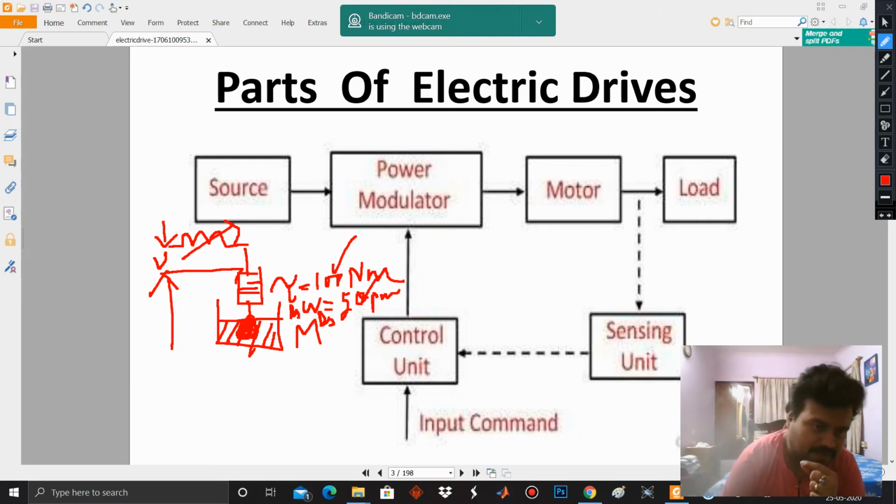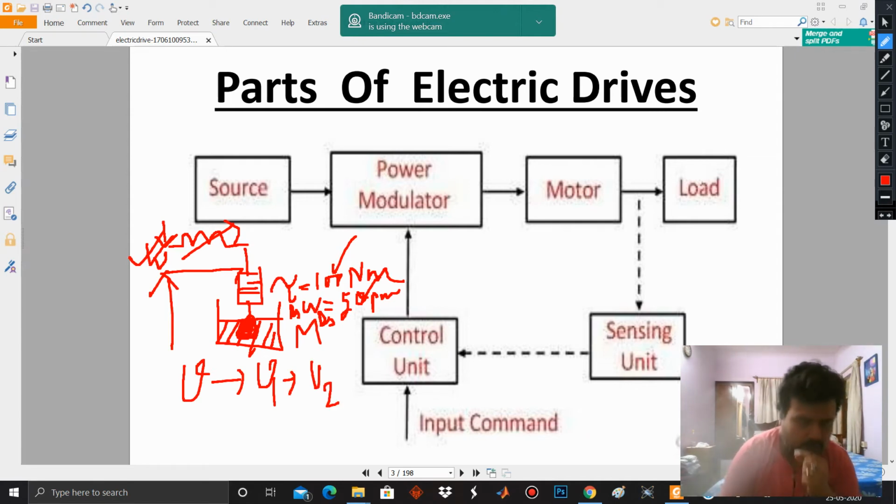Now suppose this voltage which is fed into the motor is fluctuating. So if this voltage V is constantly changing to V1, V2 at different times, do you think that this torque and omega, that is speed, will be maintained at 100 Newton meter and 50 rpm?